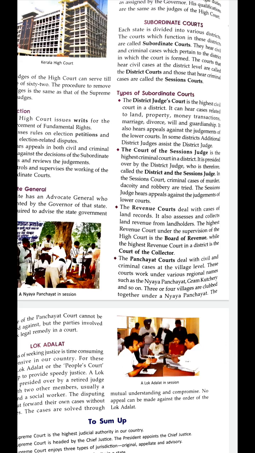At the state level, we have the High Court. In a state, we have many districts, and each district has courts. Those courts we call subordinate courts. Understood? They deal with civil and criminal cases. The courts that hear civil cases at the district level are called district courts, and the courts that hear criminal cases are called sessions courts.